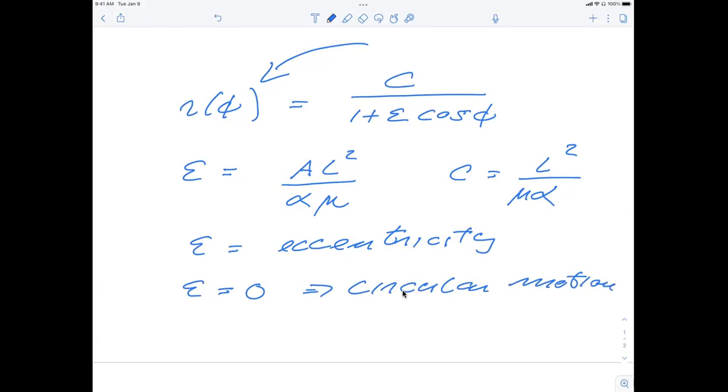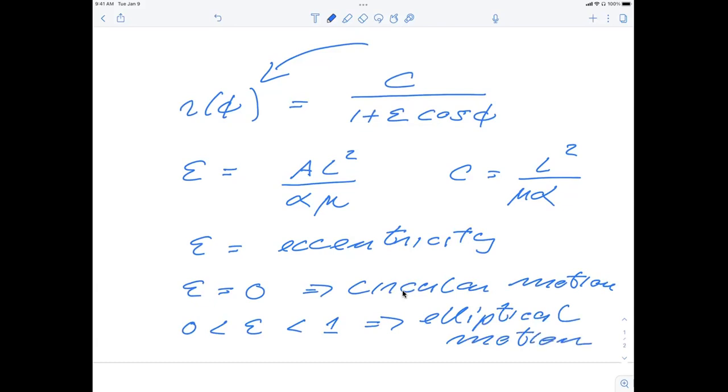If we put epsilon between 0 and 1, this actually gives us an elliptical motion, and this is what I wanted to show you today. If we put epsilon equal to 1, we get a parabola. If we put epsilon larger than 1, we get a hyperbolic motion.